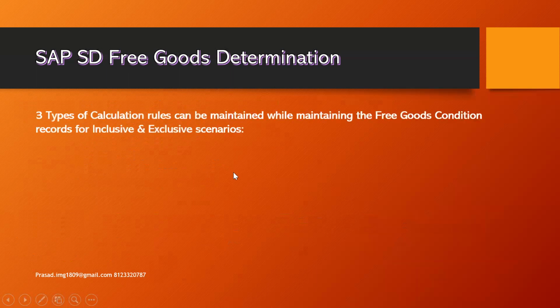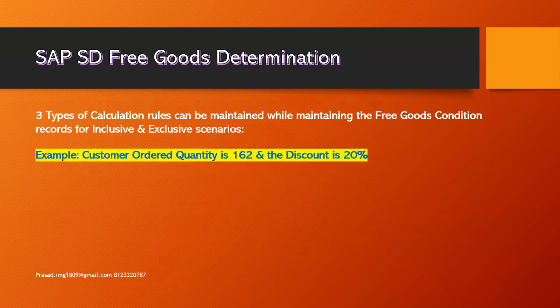So here one more thing I would like to highlight. There are three types of calculation rules that can be maintained in the free goods condition records for both scenarios, like inclusive and exclusive scenarios. Example, assume that the customer has ordered quantity 162 units, and the discount percentage which the business asked us to maintain is 20%.